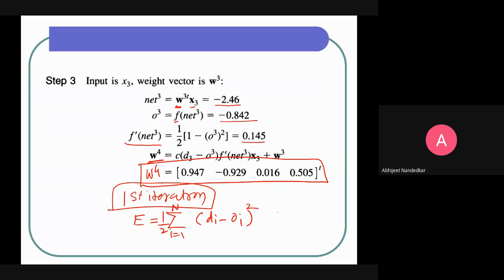If this error is less than a required threshold, then you stop. Otherwise, you go on updating the weights. Sometimes you may not achieve the required error by iterating so many times.